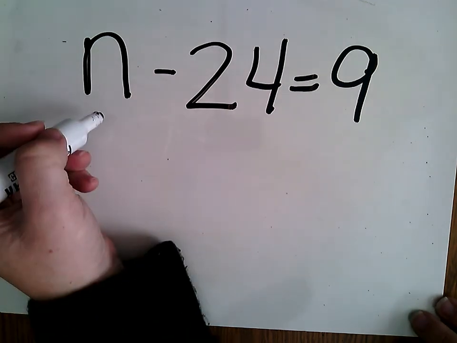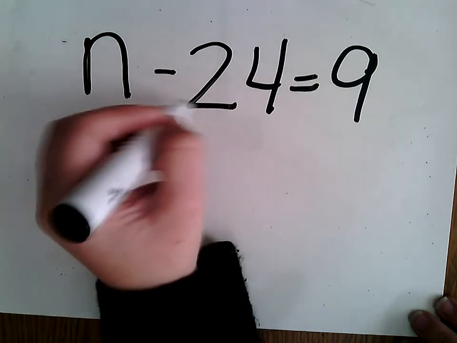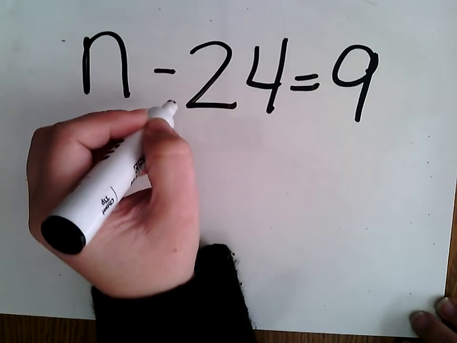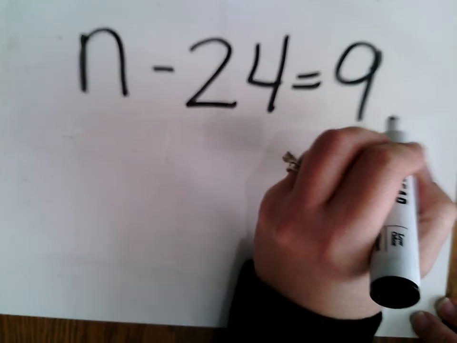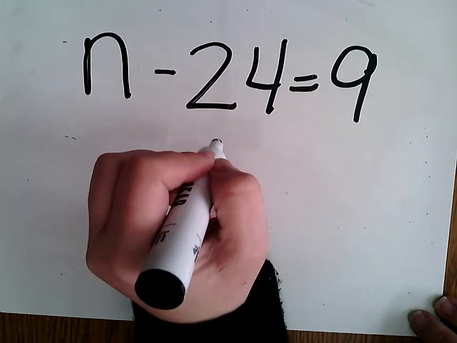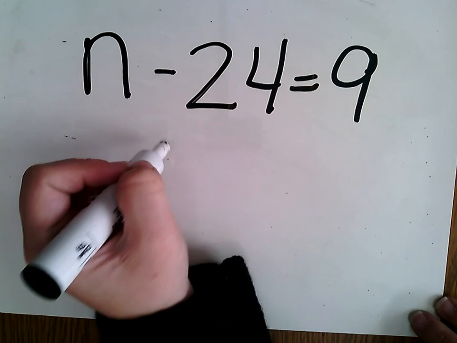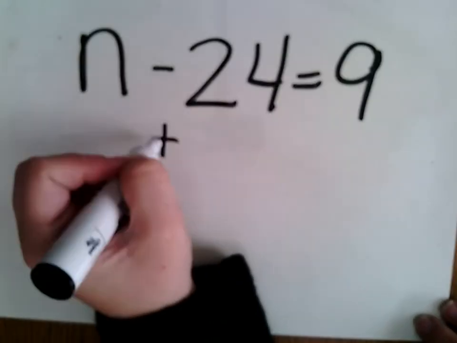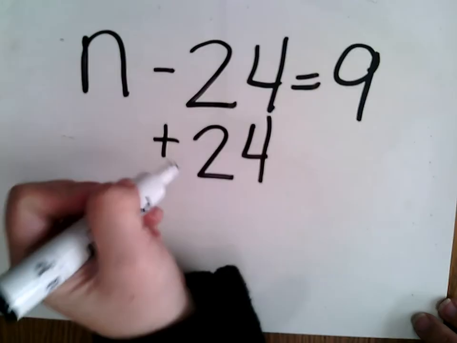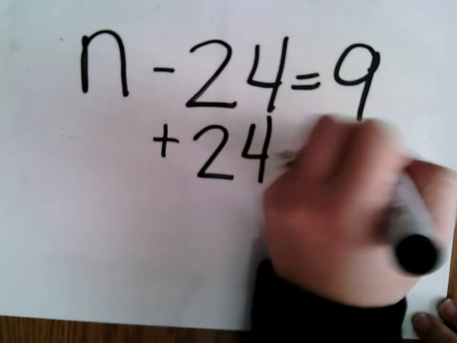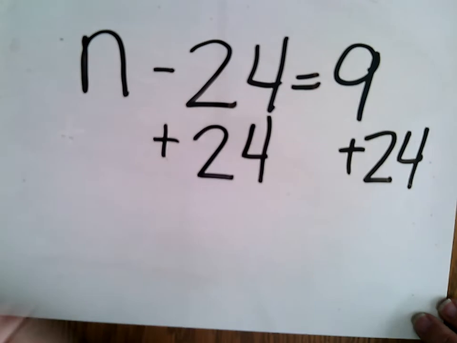If I want to get my variable by itself, I need to get rid of this number. So whatever I do to the left of the equal sign, I'm going to do to the right of the equal sign. The easiest way to get rid of my 24 is to add the 24 to cancel out my negative and my positive. Whatever I do to the left, I do to the right, just like that.